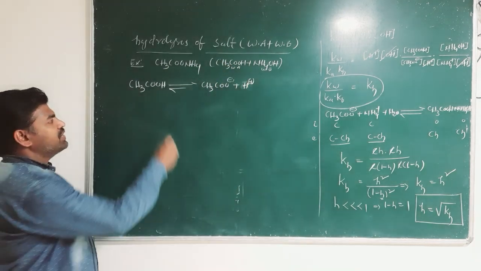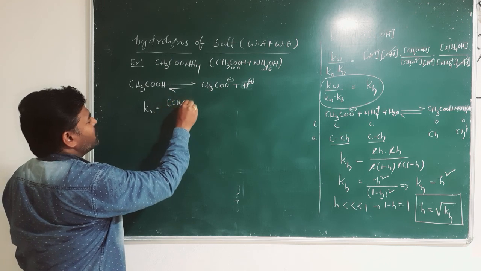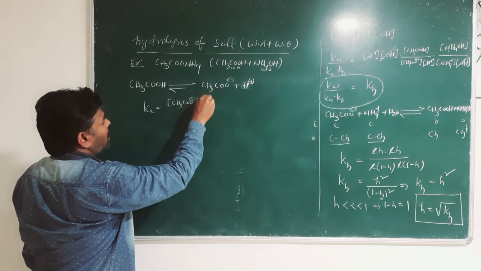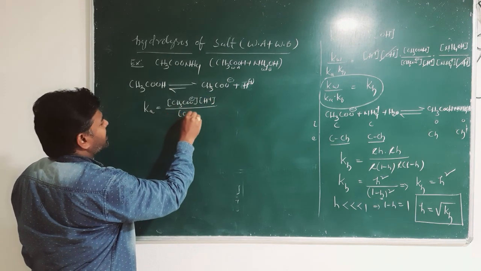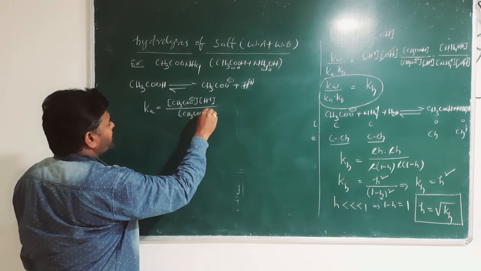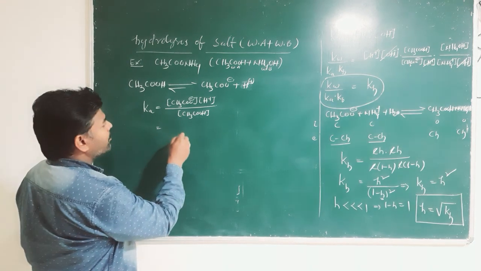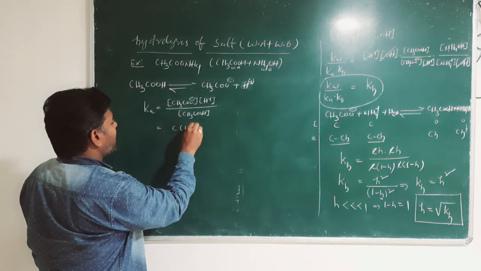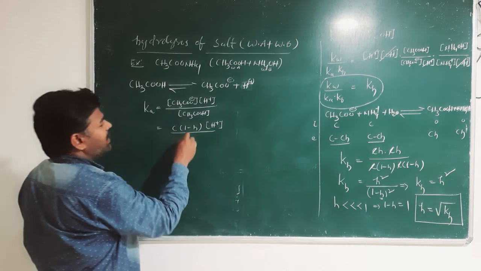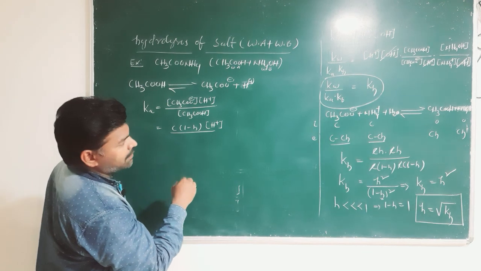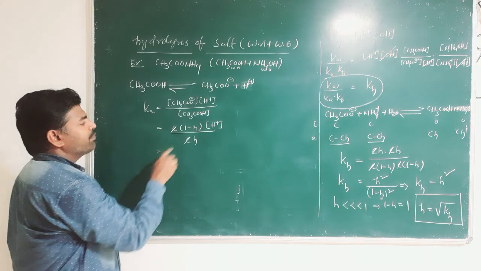Okay. So, acid dissociation Ka is equal to concentration of CH3COO minus into concentration of H plus by concentration of acetic acid CH3COOH. The concentration of acetate ion at equilibrium is C into h, the concentration of H plus ions is to be determined, and concentration of acetic acid is C into 1 minus h.